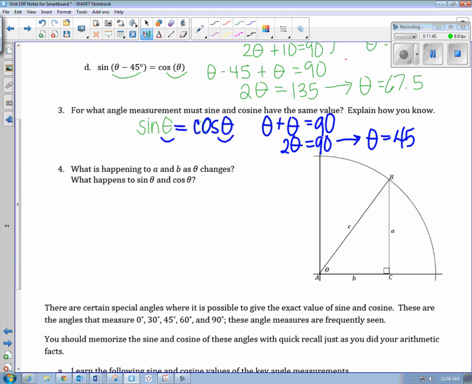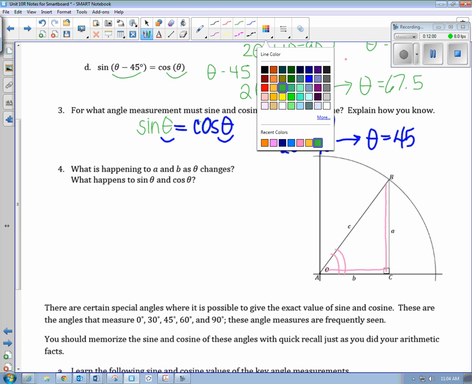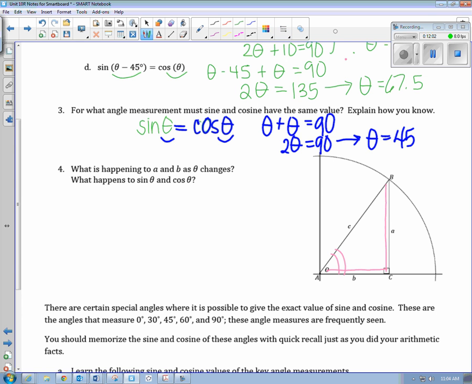So you can see for the first example, this is what theta is. Here's our A, and here's our B. If I change the angle measure, so I go back and I say, you know what, I'm going to, in this case, make theta be a little smaller, and I draw it like this, and my theta is now here. Here's my A value, and here's my B value.